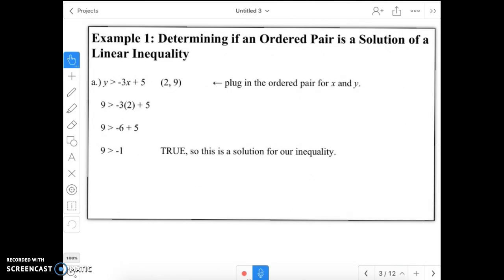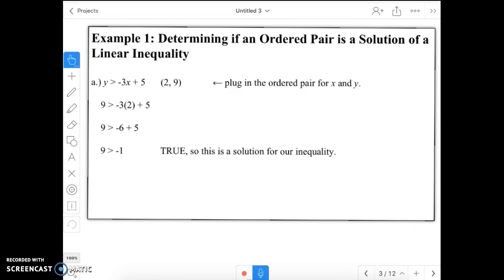The first one being, if we have y is greater than negative 3x plus 5, and we plug in the point (2, 9). We could pick any ordered pair, and we just have to determine if it's true or not. You can see they plugged in that 2 for x and that 9 for y, and then started simplifying.